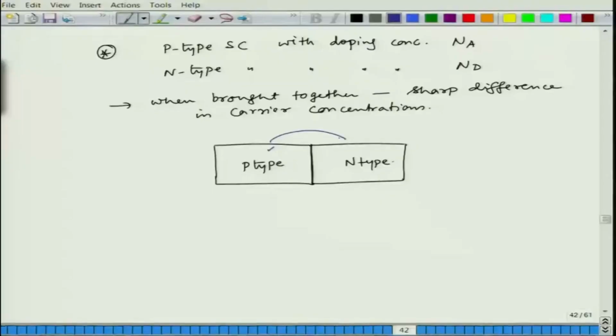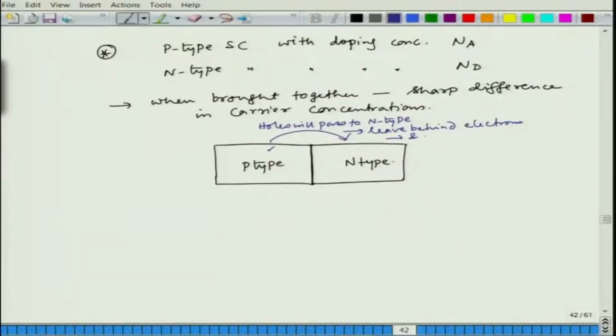So, holes will pass to the n type, right, and by that they will leave behind electrons, right. I mean, initially when the junction was not made, it was electroneutral, even if holes were more in number.